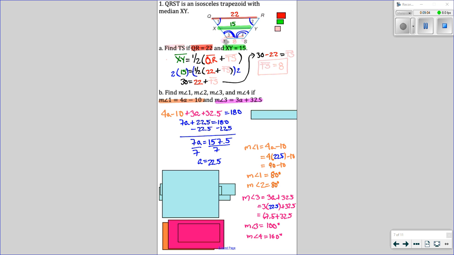So I found T and S, angles 3 and 4, as 100, and then angles Q and R, which is 1 and 2, as 80. Again, you're using everything you know about an isosceles trapezoid and applying it in order to solve for any missing angles or sides.